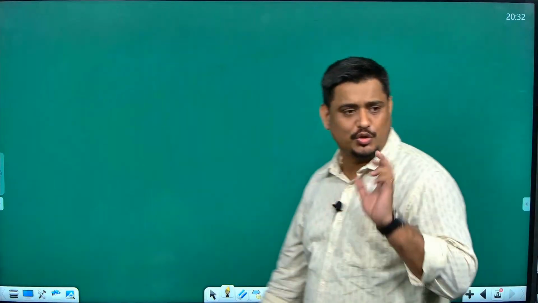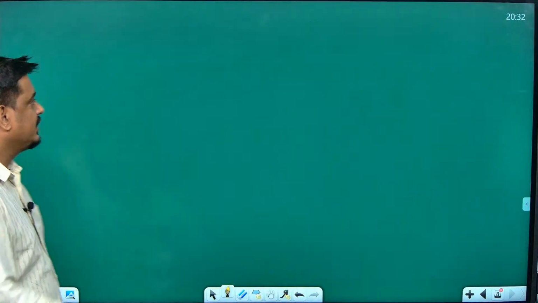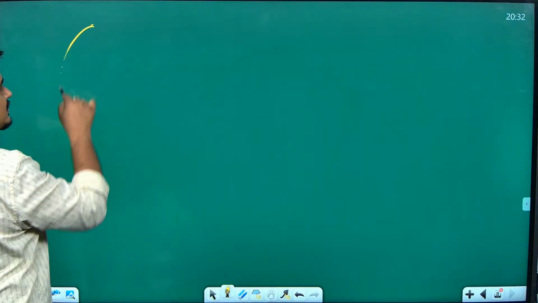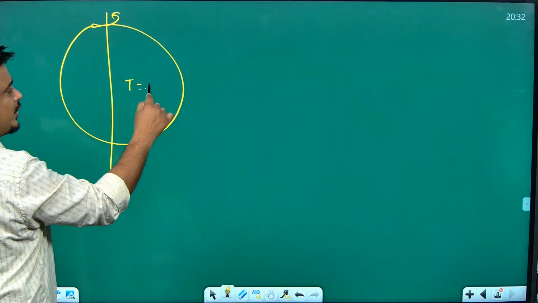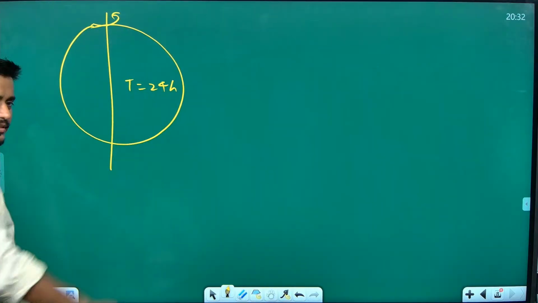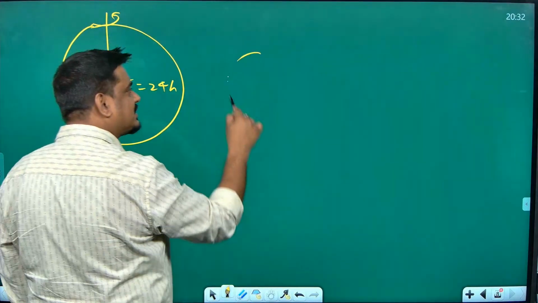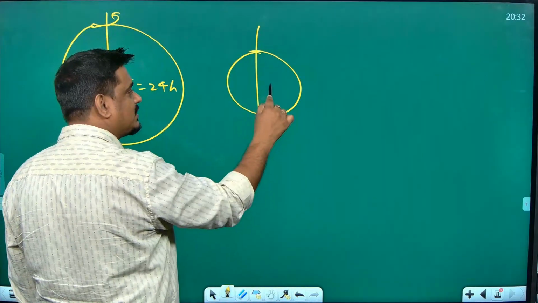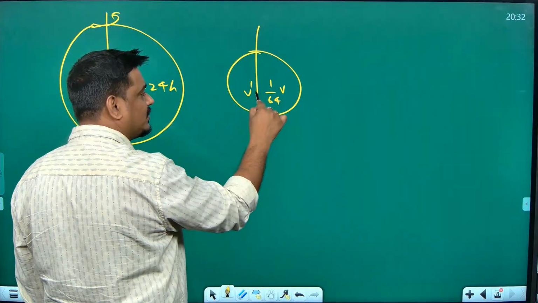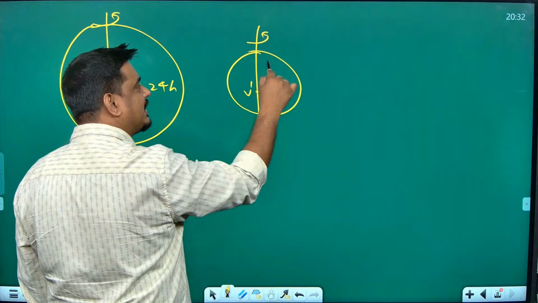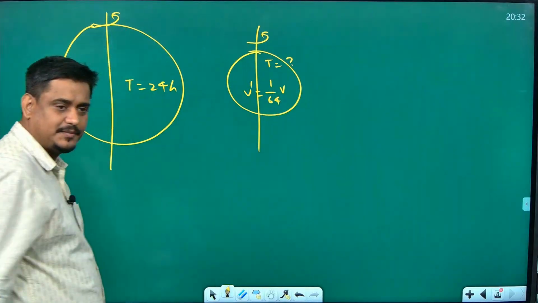They have asked the question: Earth is rotating with a time period of 24 hours. If Earth's volume becomes 1 by 64 of the original volume, then what will be the time period? This is the question, isn't it?